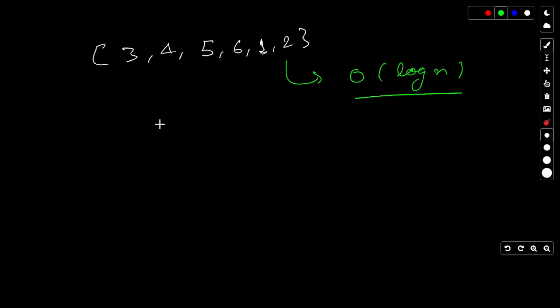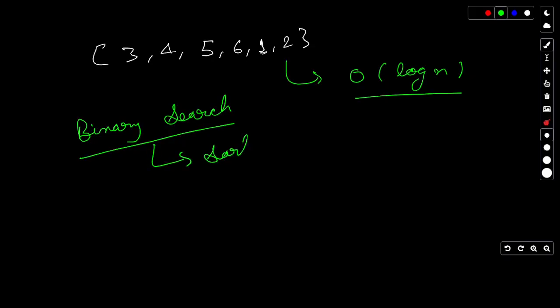Therefore, the best way to solve this problem is through binary search. Binary search, because the array is sorted, and also searching is involved. So what kind of an algorithm do we use in an array which is sorted for searching?